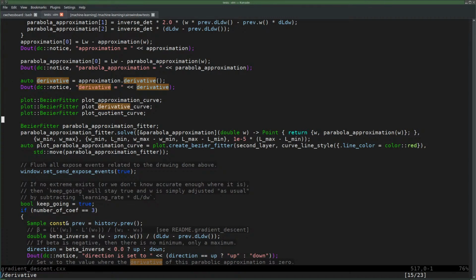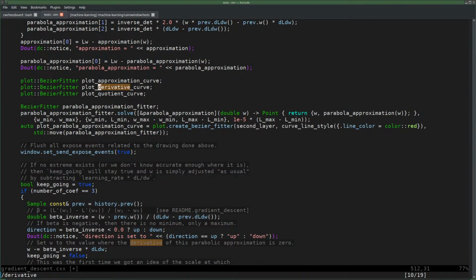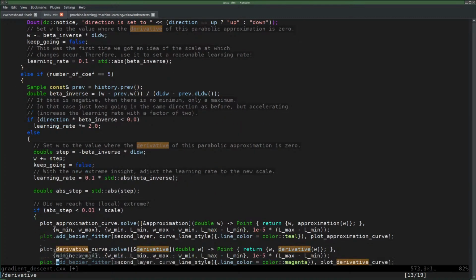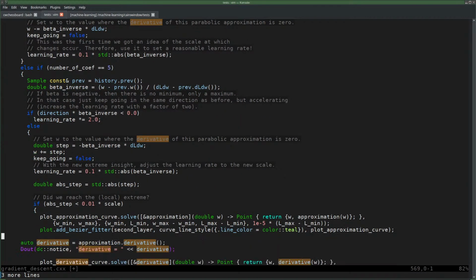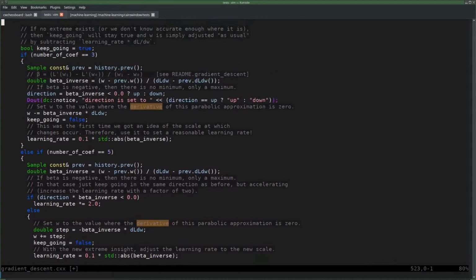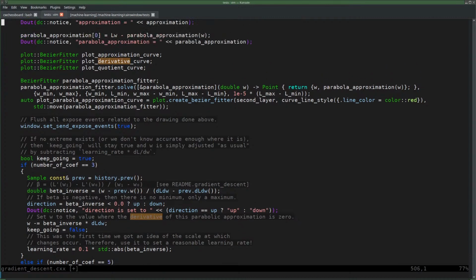That's quite simple. Simply the derivative of the approximation. No, we can only plot it after calculating it. And then the approximation itself, which is a lot more involved.